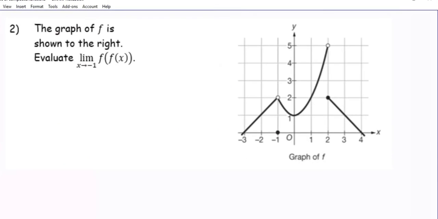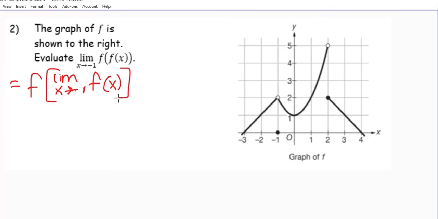So let's try problem 2. Problem 2, again, is a composite limit. It says the limit as x approaches -1 of f of f of x. Immediately I'm going to rewrite this. I'm going to pull the f out front, and then inside I'm going to put the limit as x approaches -1 of f of x.